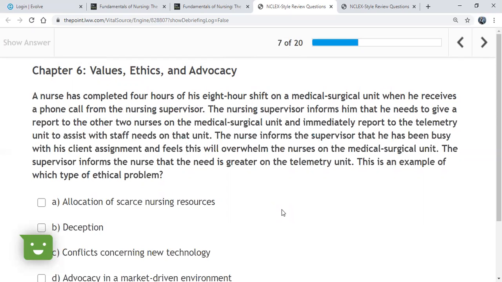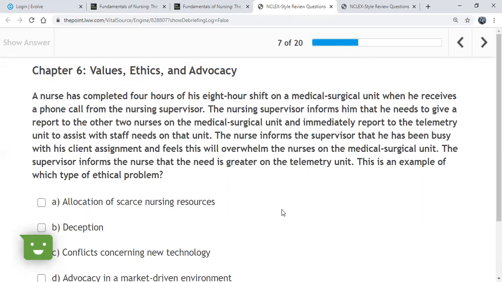The nurse has completed 4 hours of the 8-hour shift on a med-surg unit when he receives a phone call from the nursing supervisor. The supervisor informs him that he needs to give a report to 2 other nurses on the med-surg unit and immediately go to the tele unit to assist with staff needs on that unit. The nurse informs the supervisor he's been busy with client assignments and feels this will overwhelm the nurses on the med-surg unit.